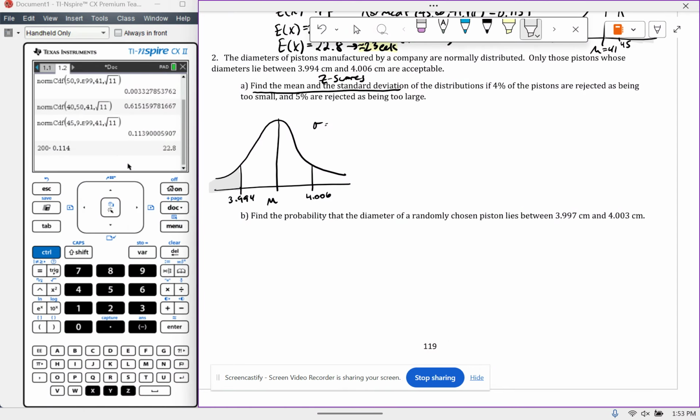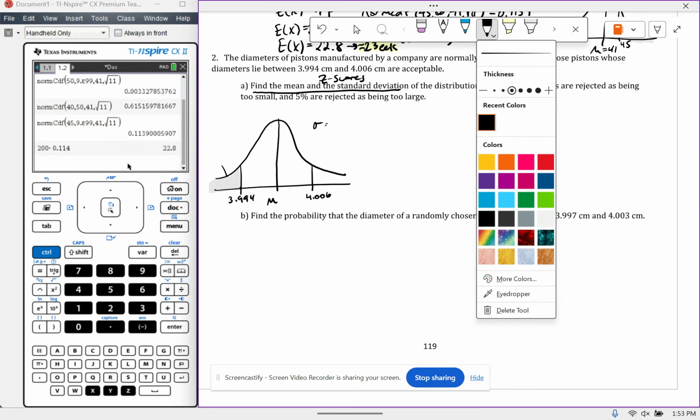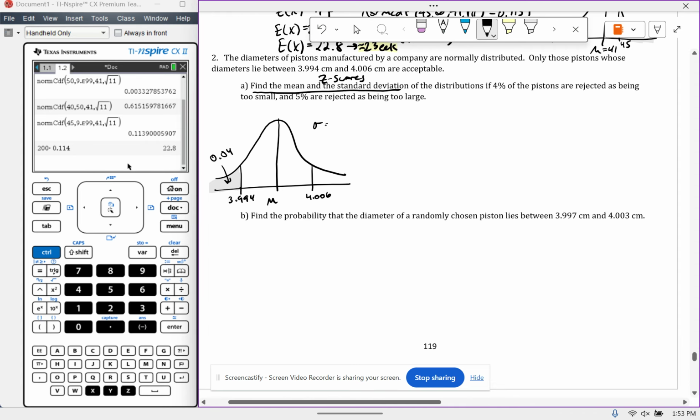So this is 0.04. And this is 0.05. So these are my two clues. Let's call this clue 1. Let's call this clue 2. Using these two clues, I'm going to try to find my unknown mean and my unknown standard deviation. Two clues, two unknowns.